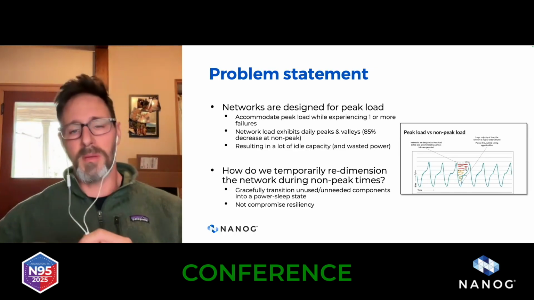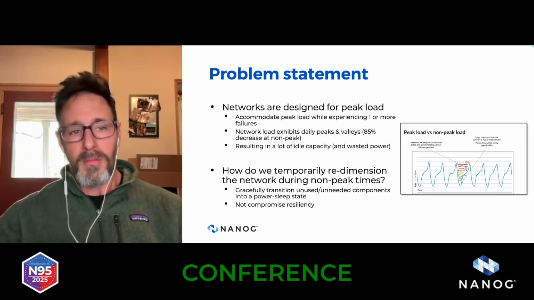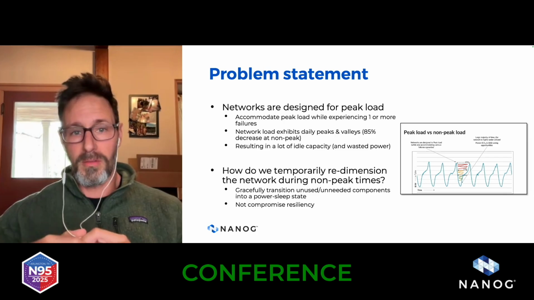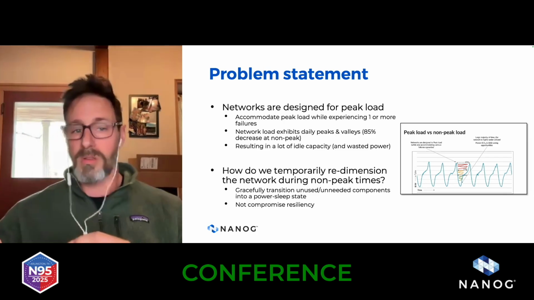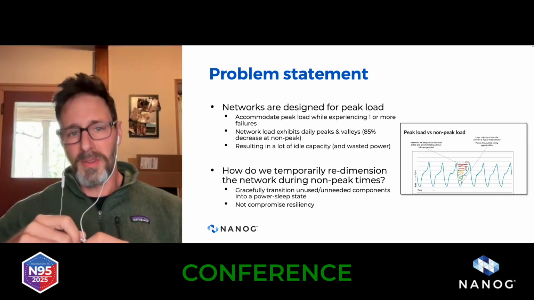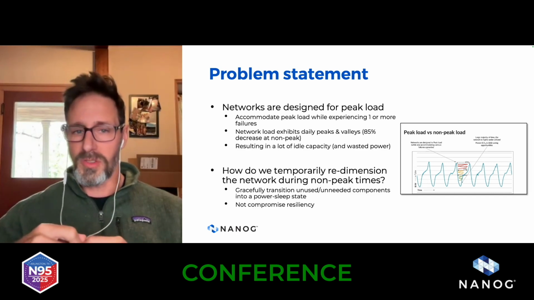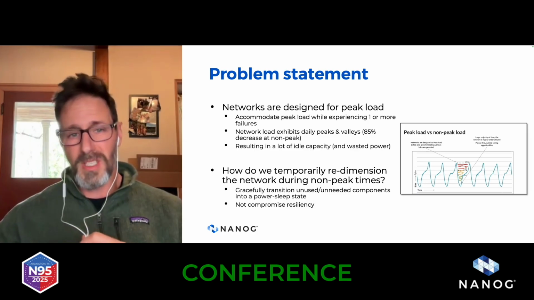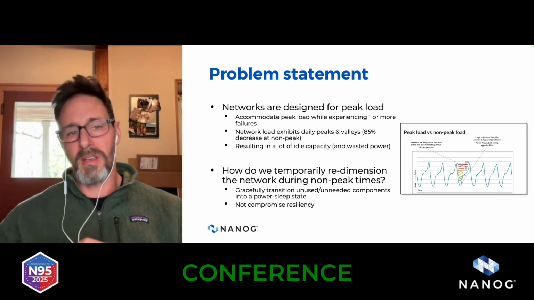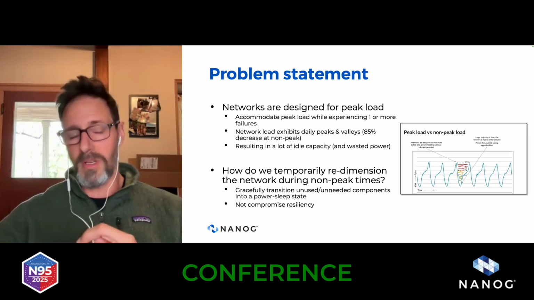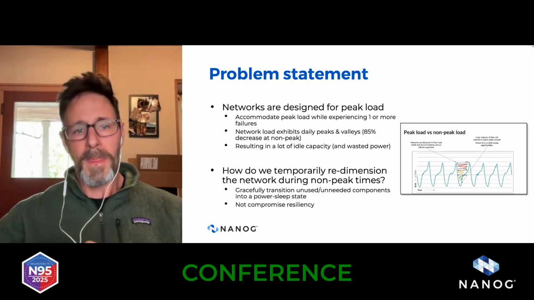So from a problem statement perspective, many of our networks today are designed for peak load, while also accommodating various kinds of failures. Different operators have different strategies for planning for these types of failures, but suffice to say, our networks are designed to absorb some load during one or more failures.